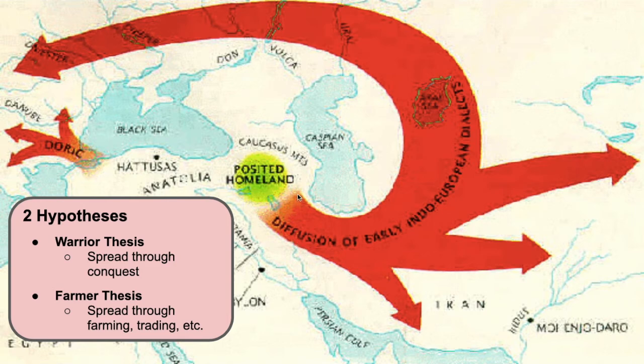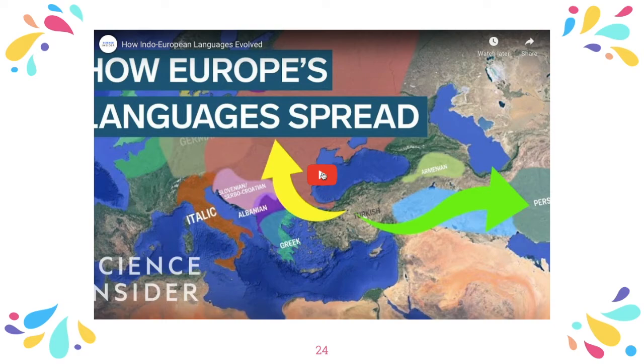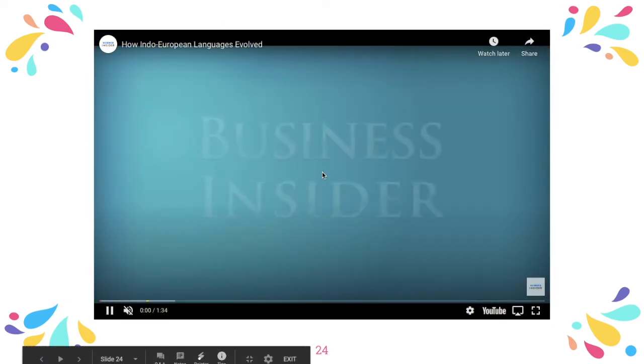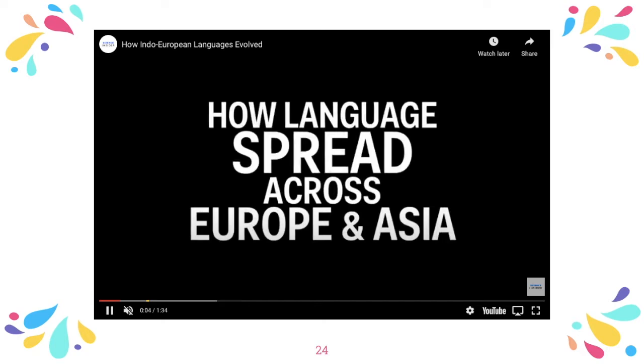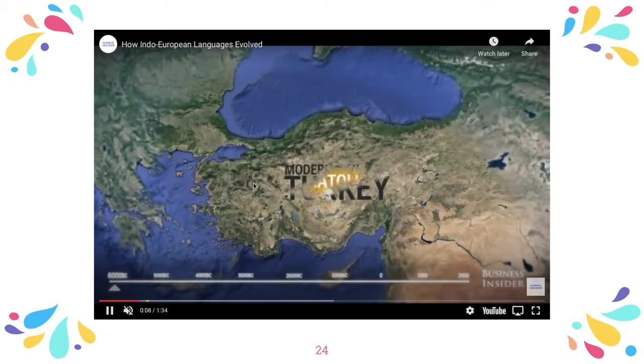Well, either way, this broad region between Africa, Asia, and Europe is widely considered to be the hearth of the Proto-Indo-European language. And then it stemmed from there. So what we're going to see in this short video is how Indo-European languages diffused from modern-day Turkey.